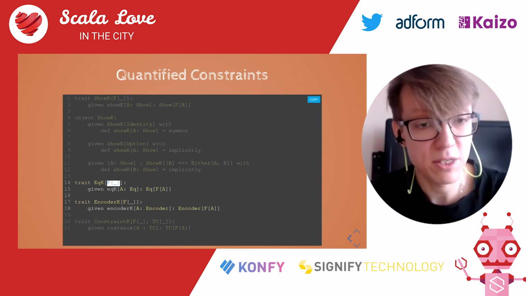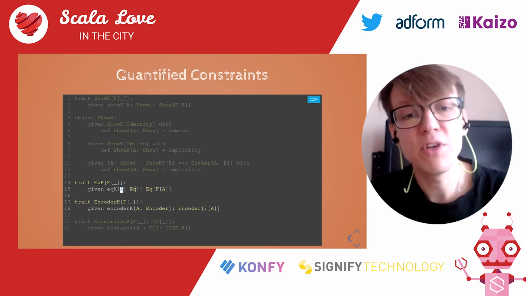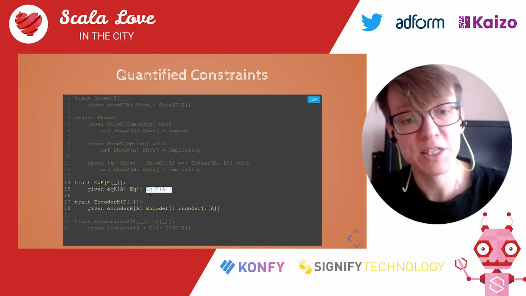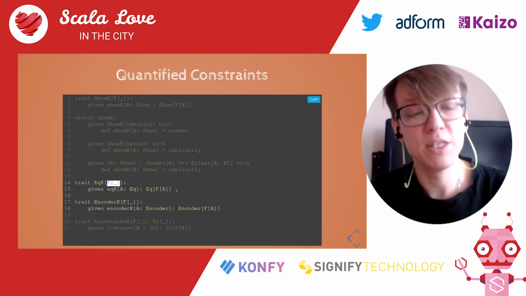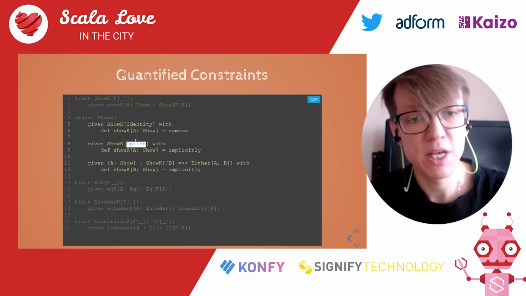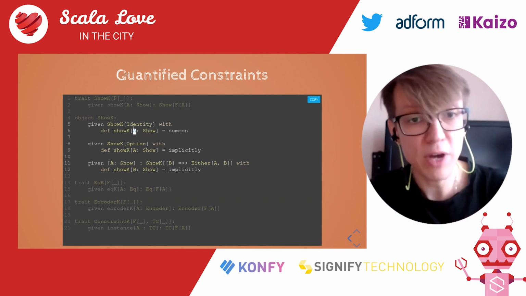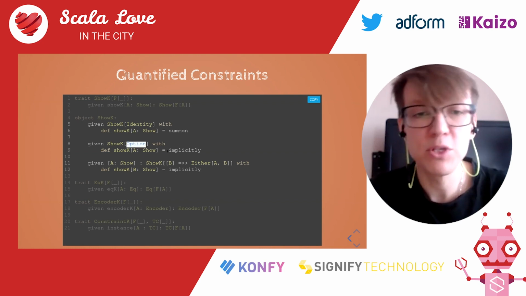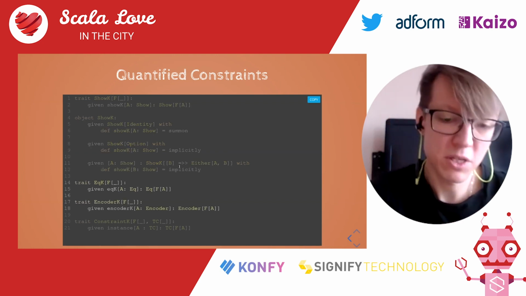So higher-kinded quantified constraints mean that for every type that has an instance of our type class, we have an instance of the type class for that type wrapped in this type constructor. So we have Show for Identity of A if A is showable, Option of every type is showable if A itself is showable, and so on.